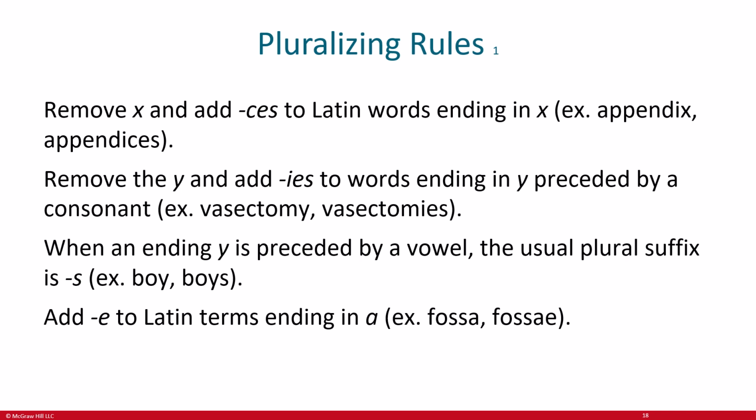Remove the y and add ies to words ending with a y, preceded by a consonant, such as vasectomy to vasectomies. When an ending y is preceded by a vowel, the usual plural suffix is s, so from boy to boys. And adding an e to Latin terms ending in a, an example would be from fossa to fossae.